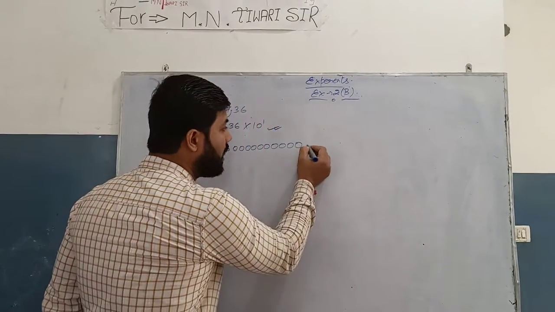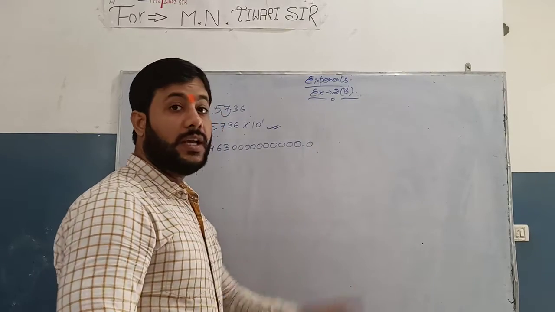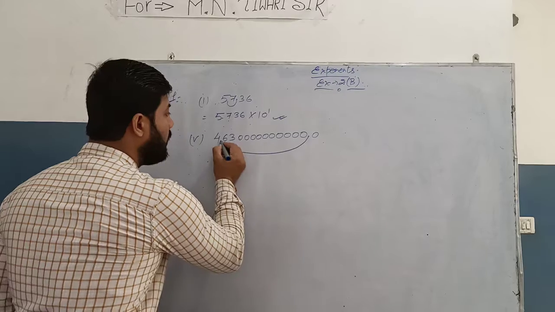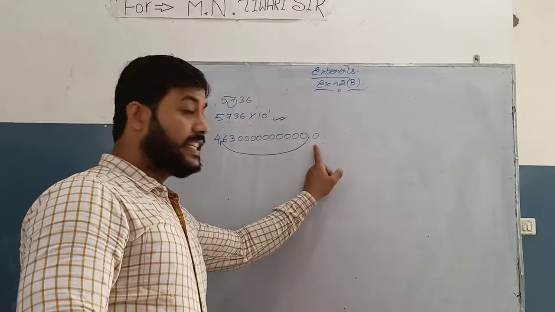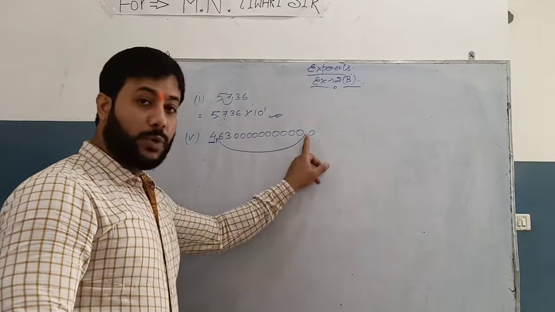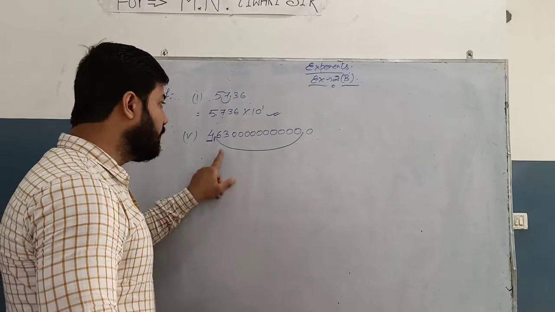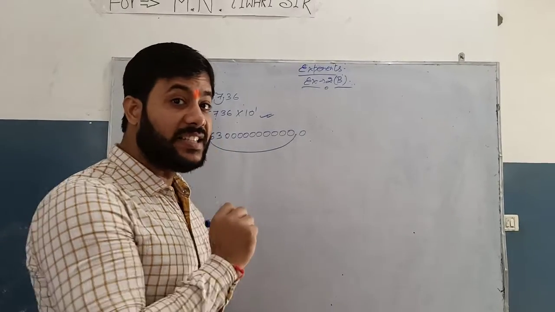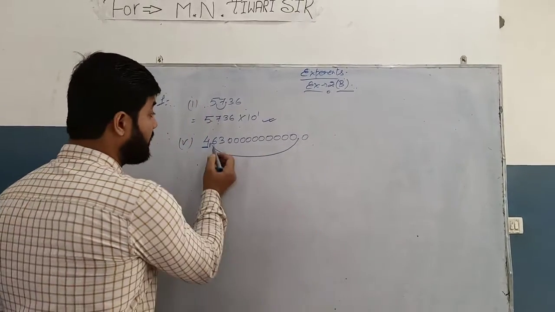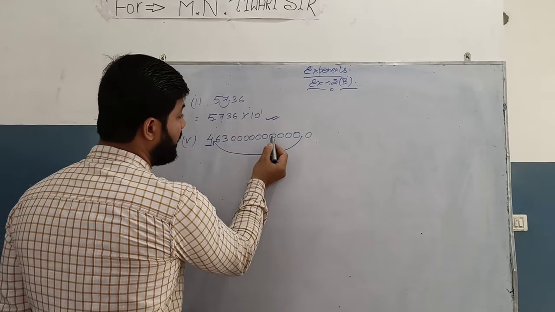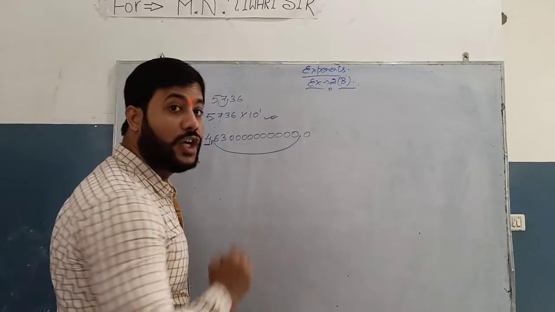We have to place this decimal at the extreme left, leaving only one digit. So how many zeros are removed? 1 2 3 4 5 6 7 8 9 10 11 and 12.